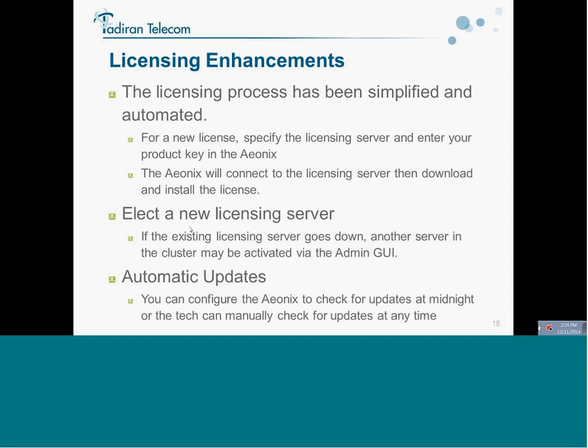Now we've added an option where you can elect another server in the cluster to be the licensing server. And the last new enhancement is automatic updates. You can configure the Aeonix to automatically check for licensing updates at midnight. The tech can manually check for updates as he always has in the past.